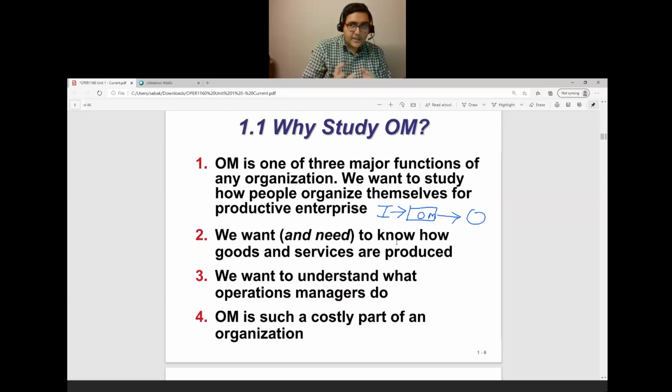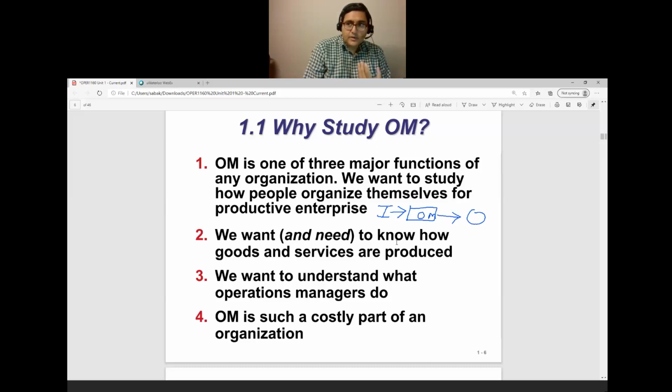We want to know how goods and services are produced. Output is, say, in a car manufacturing company, the different models of cars. So we want to know how we are actually able to convert the different materials and make them into a car, for instance. That could be the second motivation for studying operations management.